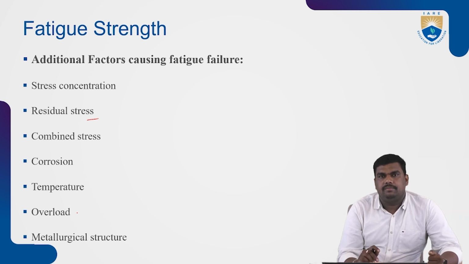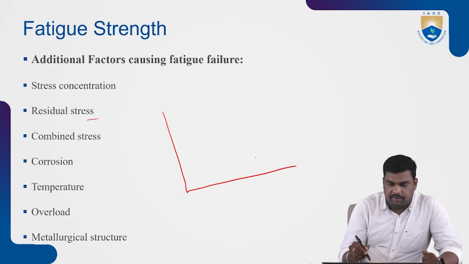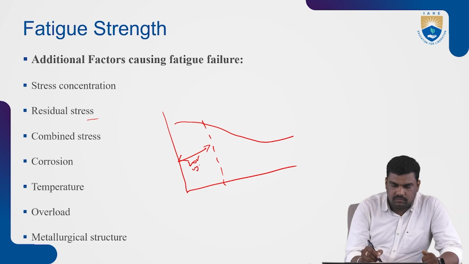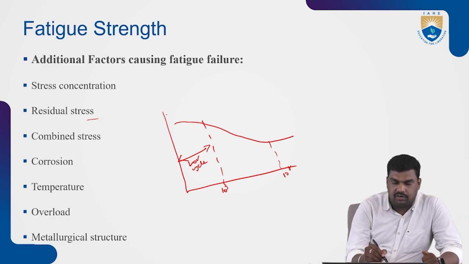So overload: the material can withstand some load, but we are applying high stress. Last class I explained the SN diagram, right? In the SN diagram, this is your low cycle fatigue, for example up to 10 to the power 3, and up to 10 to the power 8, this is your high cycle fatigue.